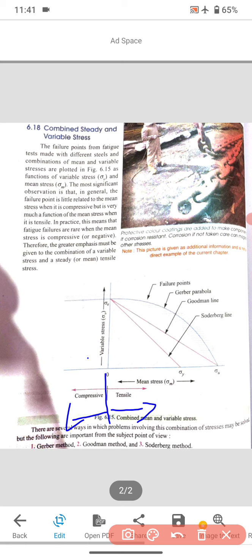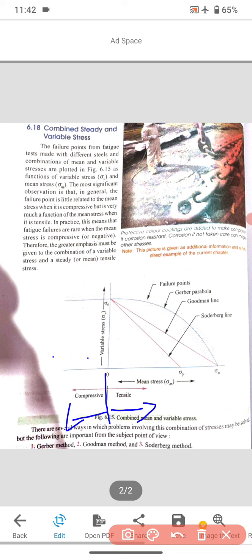The tensile behavior is more severe, a more matter of concern stress.